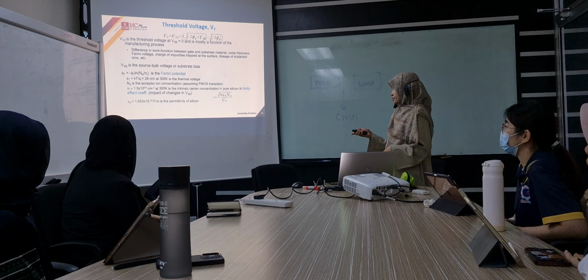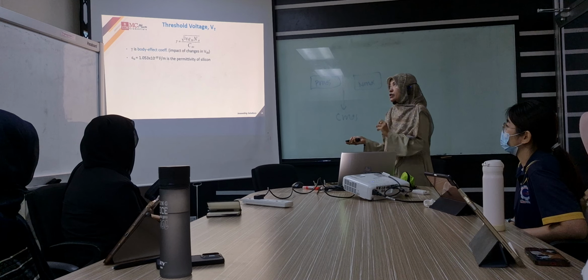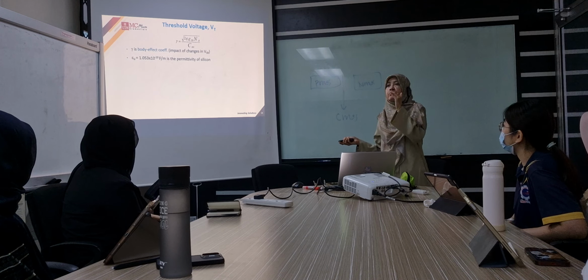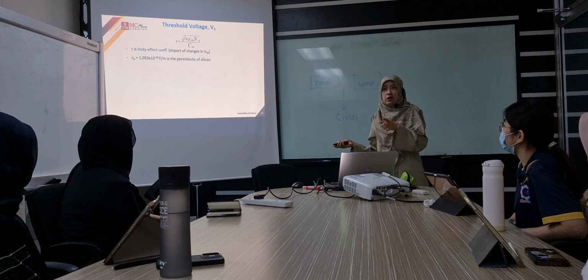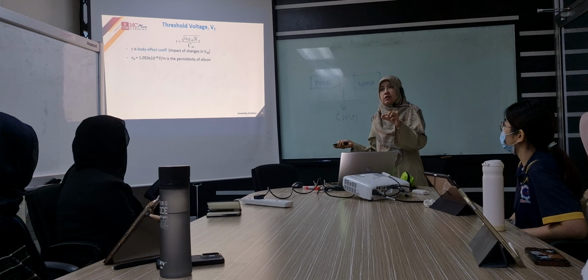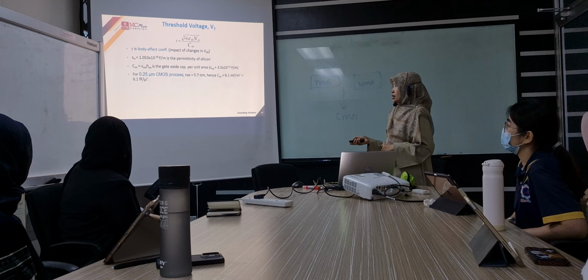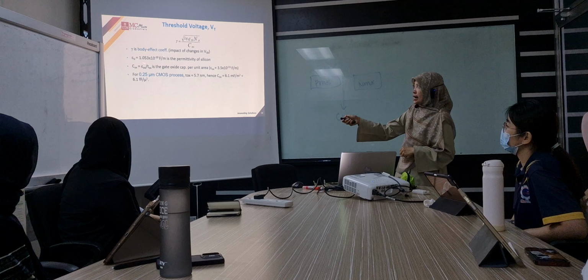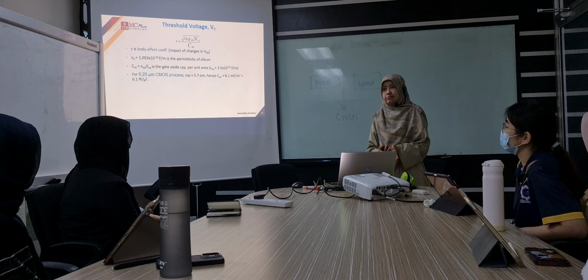So we sometimes ignore the body effect, but body effect is important if we have a transistor network in series. It will cause some body effect that will also influence the current. Oxide thickness, this is what I mentioned with the device level.